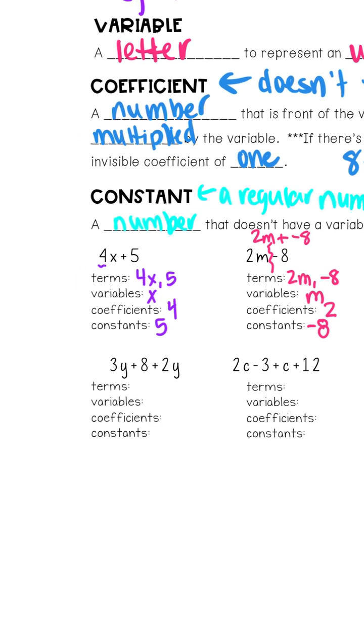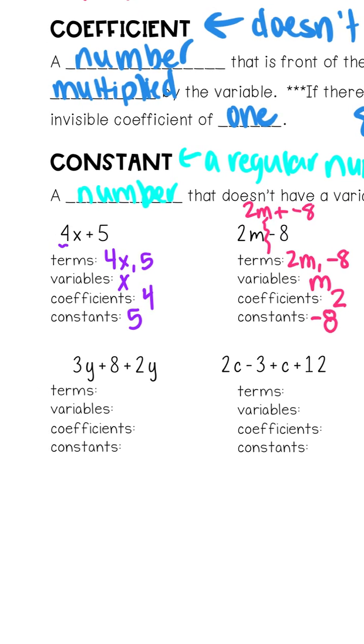Okay, I'm going to go over here. This one has 3 terms. I have 3y, 8, and 2y. What variables do you see? Remember, variables are the letters. So that is y.